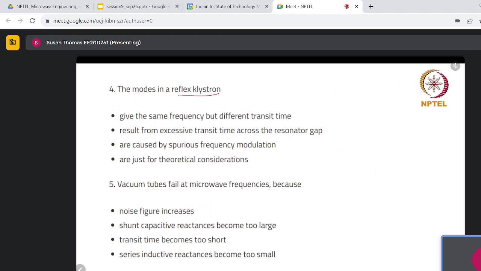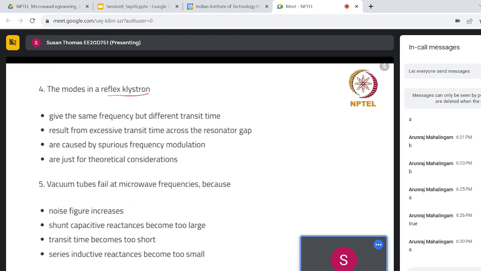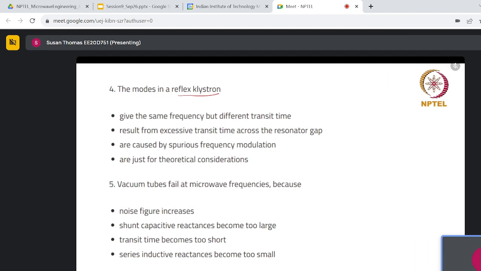What do you mean by the modes in a reflex klystron? So the right answer is yes, it gives the same frequency but different transit time.